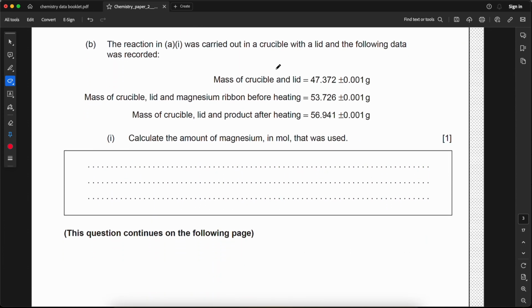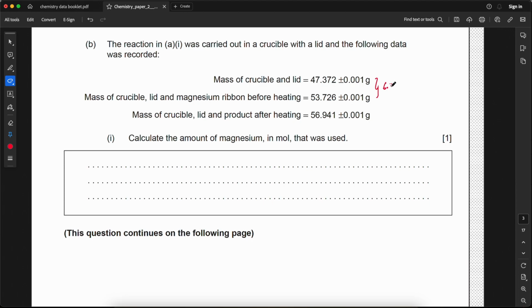The reaction in A(i) was carried out in a crucible with a lid, and the following data was recorded. So there is the mass of the crucible and lid without the magnesium, then after adding magnesium before the experiment or heating, and the amount after heating. Calculate the amount of magnesium in mole that was used. This is definitely before the experiment, so we need to subtract these two.